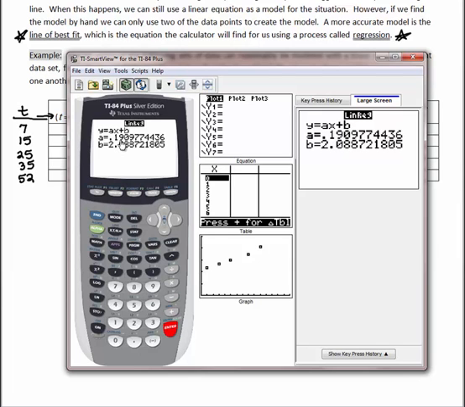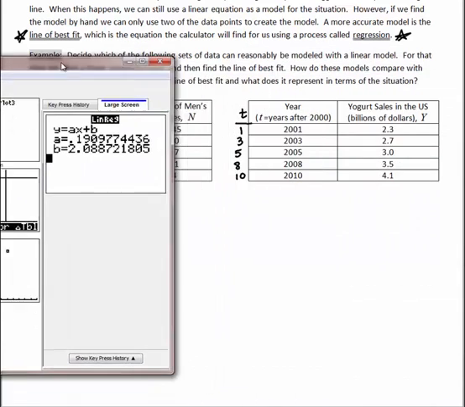And notice that what it does for me is it gives me an A and a B. That's really an M and a B. The calculator just uses the letter A, but it's the same thing. So the calculator is telling me the equation of this line is 0.19x plus 2.09. Let's write that down.